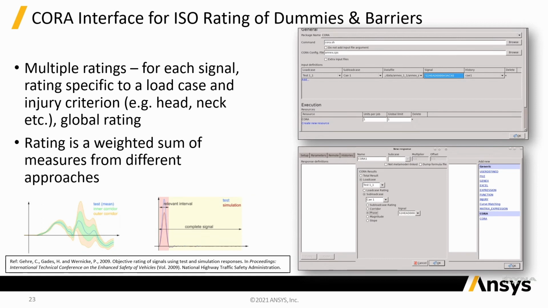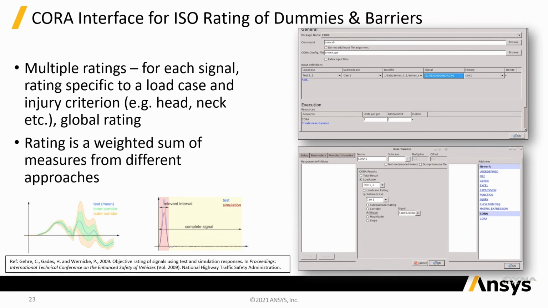The rating is just a weighted sum of the measures from the different approaches. This is a separate stage, and you can see that there's a GUI on the right. In the past, users wrote scripts and incorporated this as a user type of stage, whereas now all of this is incorporated, and I don't think there's any scripting necessary here; it is supported by the graphical user interface.